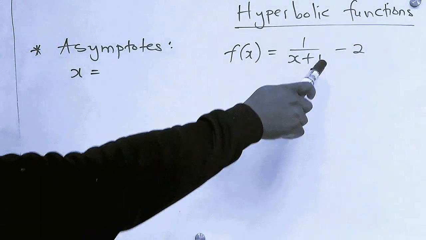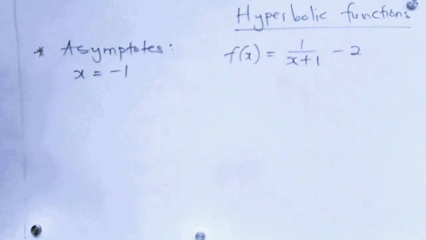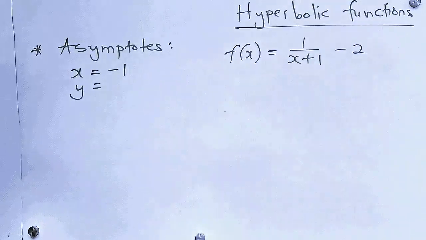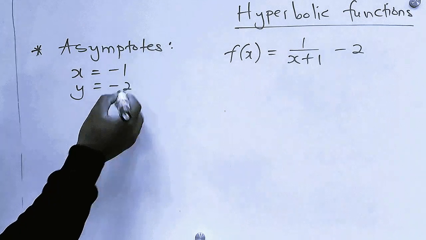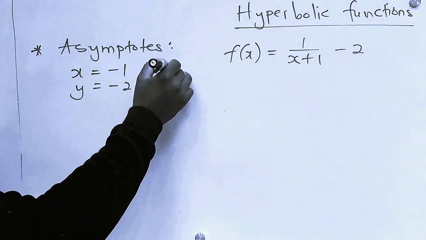So our p is 1, so negative p will be negative 1. That's our x asymptote. Then our y asymptote is equal to negative 2. Sometimes you may find it different in other books: the x asymptote is called the vertical asymptote.